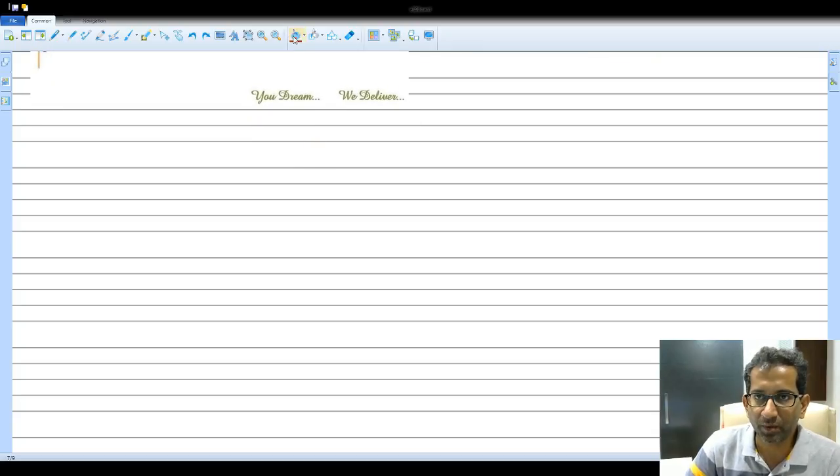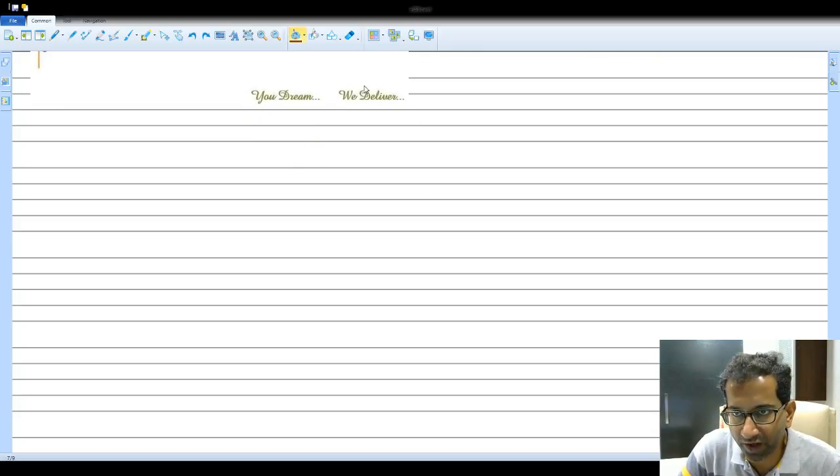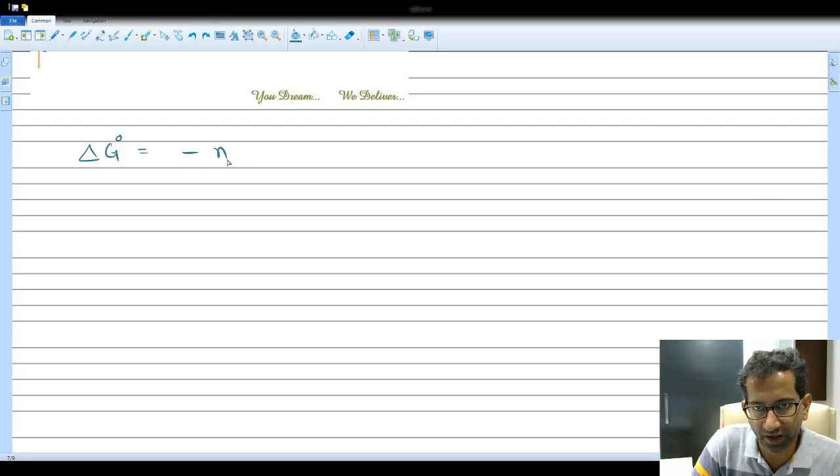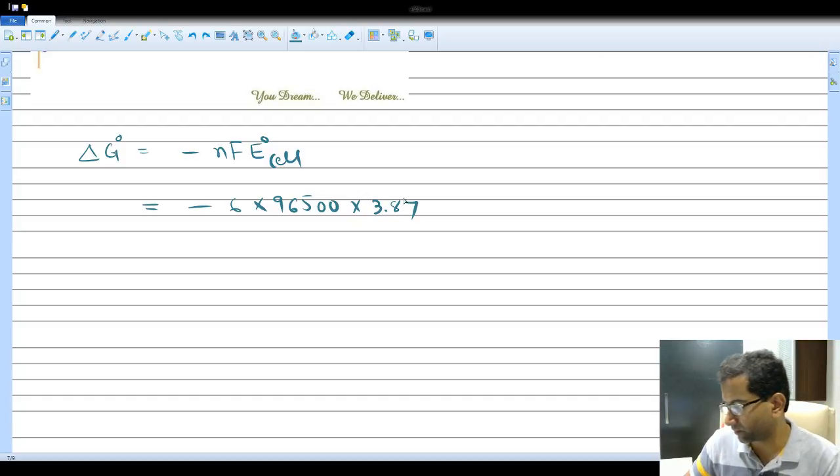The value of the equilibrium constant is going to be very high in this case. Let's see. Of course, delta G0 value will also be very large. Delta G0 equals minus nFE0 cell. That is minus 6 into 96500 into 3.87. I hope you have corrected this to a positive value.